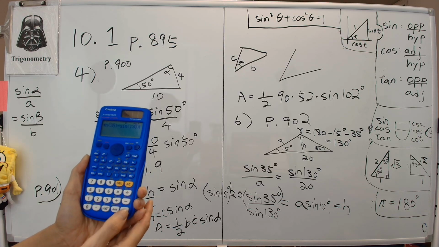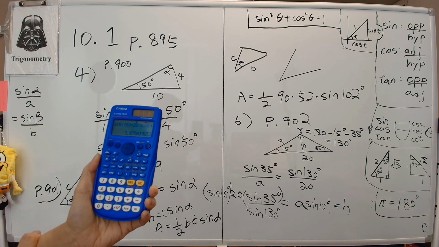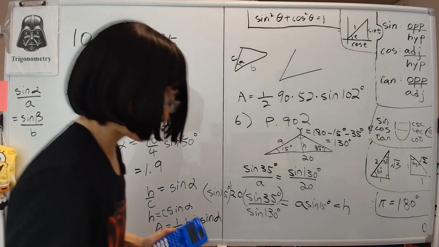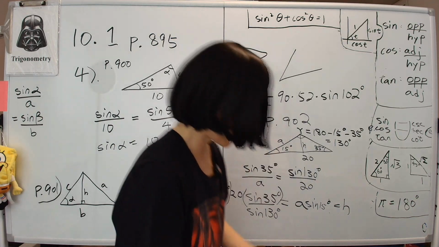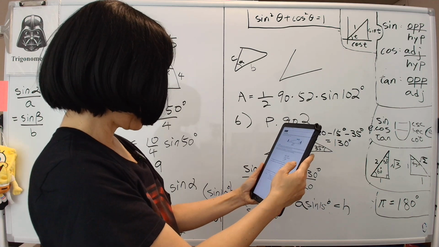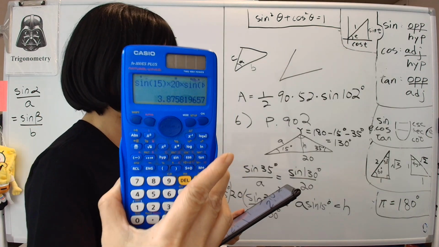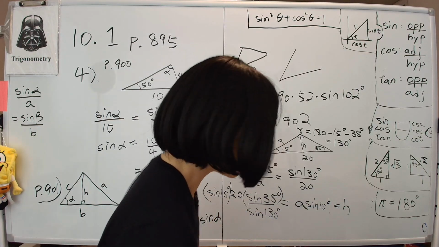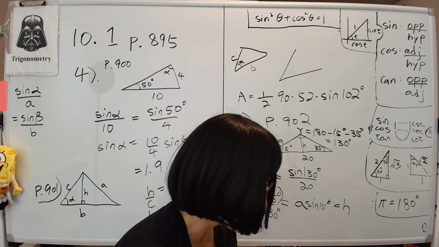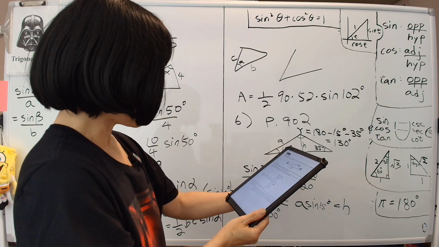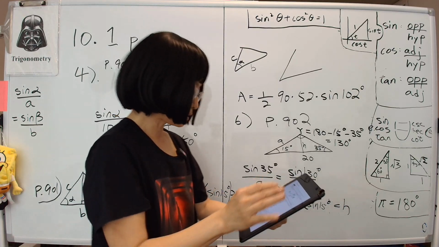That should be equal to H. What's H? H is 3.88. All right. Is that what the book says? Let's check to make sure that I didn't make a mistake. 3.88. That is correct. So that is how high the airplane is. That's in miles, 3.88 miles. So that's about right. So that is the end of this section.